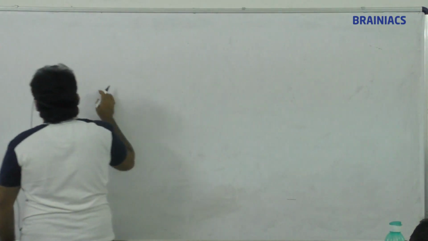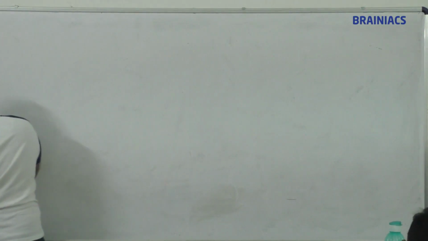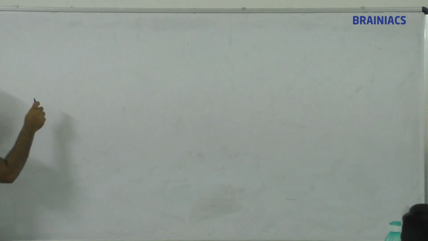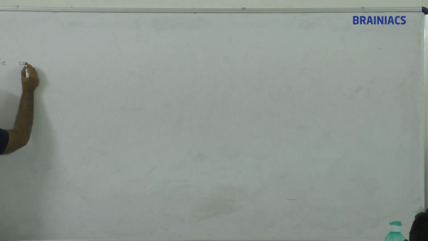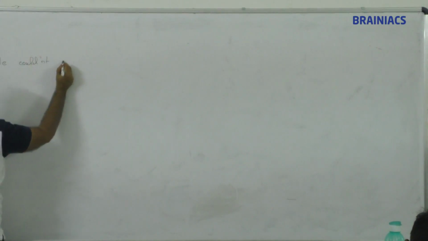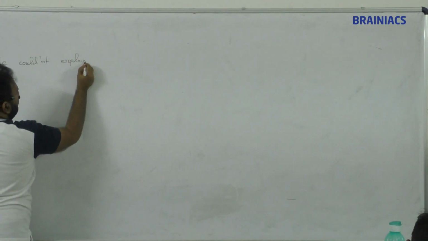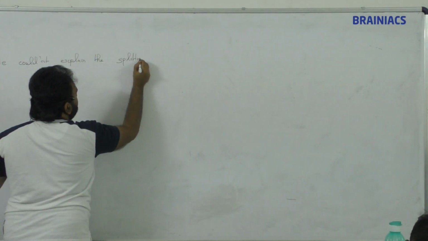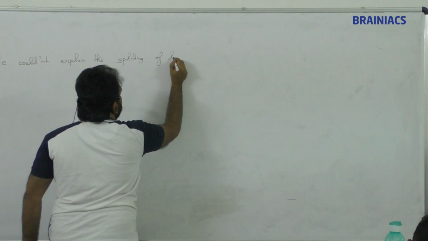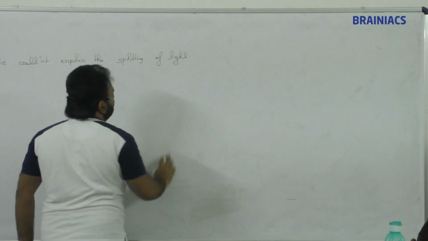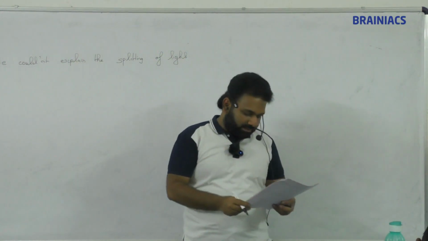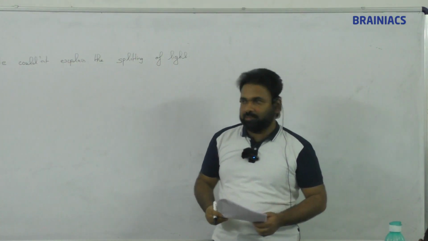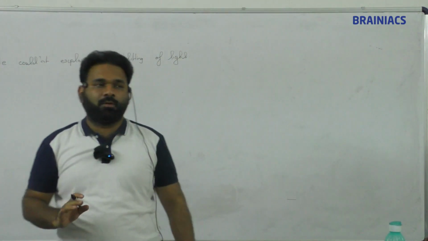Okay, so what is the next one? He cannot explain the splitting of light. So that is the Bohr atomic model. Stark effect, Zeeman effect, all these things he did not explain.